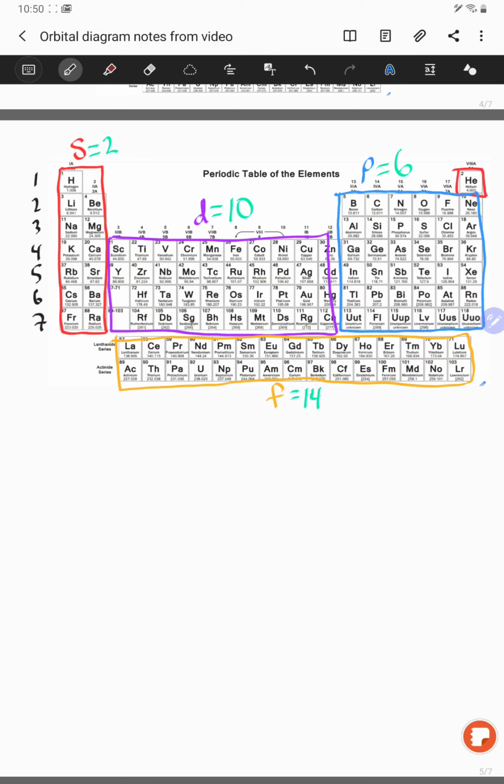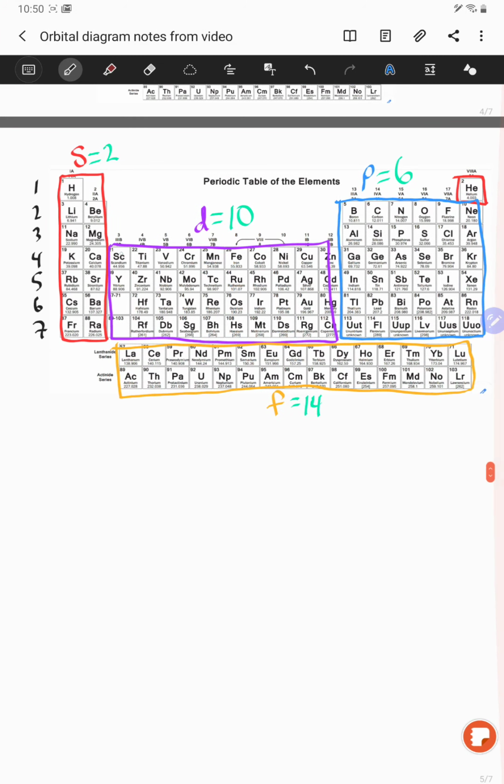When we are doing orbital diagrams for anything with an atomic number greater than 20, so from 21 and on, I would recommend drawing the orbital diagram first and then drawing the Bohr model after. And you can use each to double check the other's work, but the orbital diagram is going to be easier to draw first. And I will show you why.